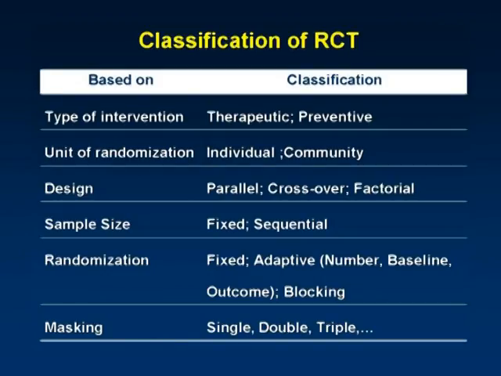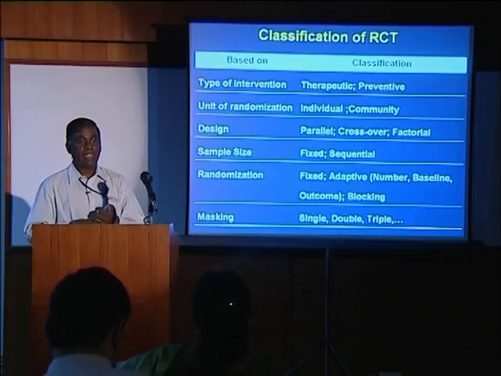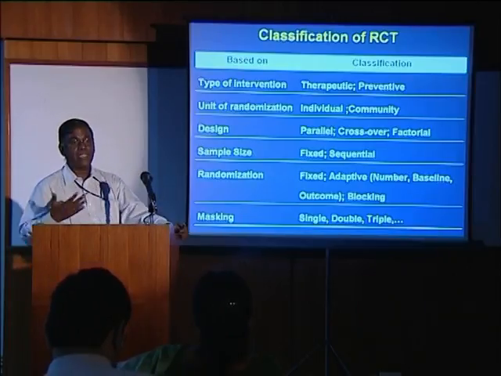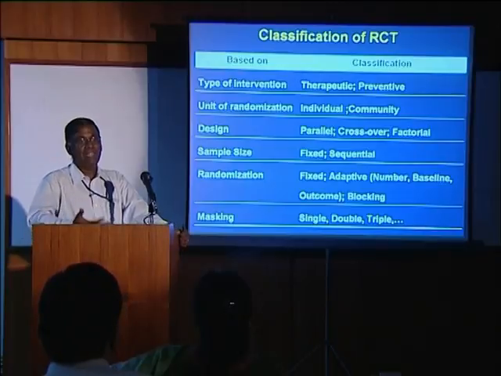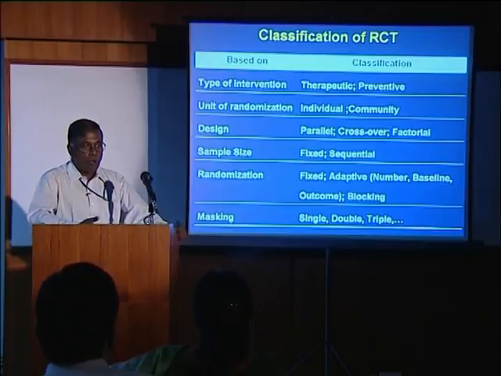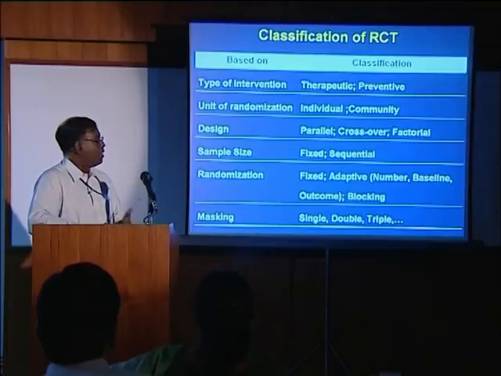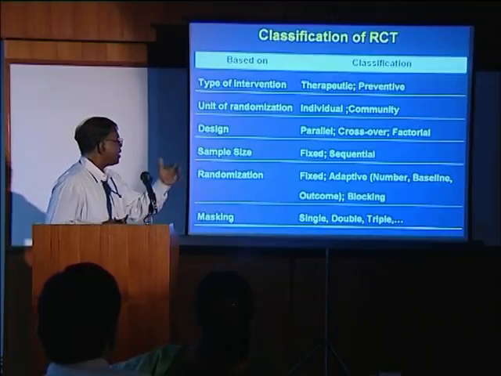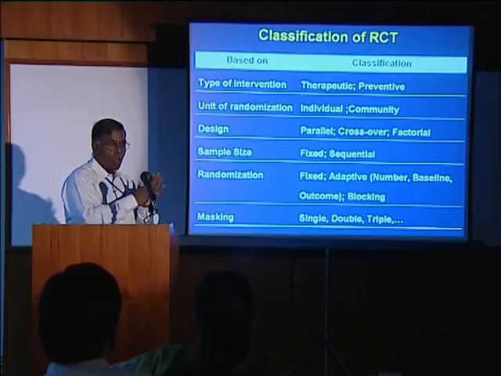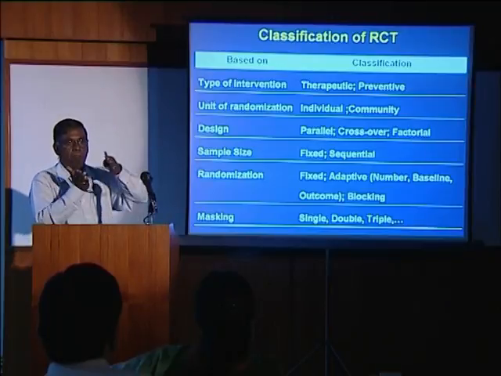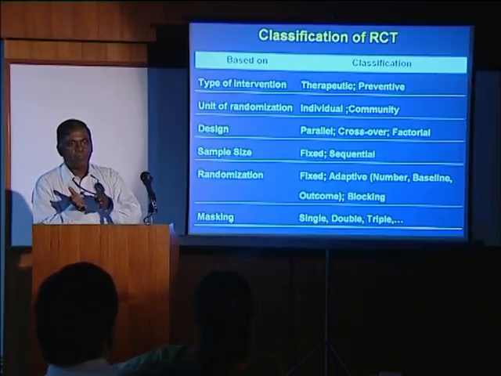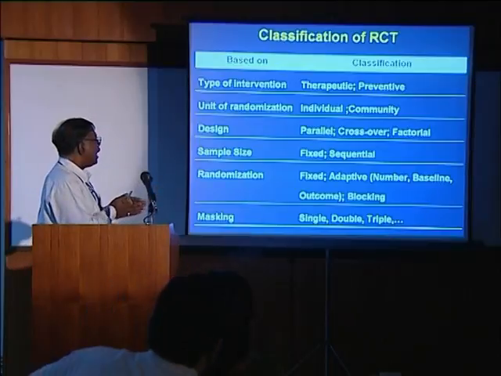Then the randomization. There are different types of randomization, so I could have one whole lecture session on randomization itself. How to do a randomization, whether there are fixed methods, adaptive methods, or blocking. You can have block randomizations.